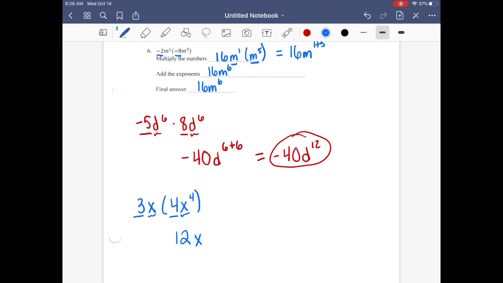Now, it appears we only have one exponent, which is our exponent of 4 here, but there's really nothing on the 3x. However, invisible math tells us that when we don't have an exponent there, it's actually secretly an exponent of 1. So we are going to add our exponent 1 plus our exponent 4, which gets us a final answer of 12x to the 5th power.